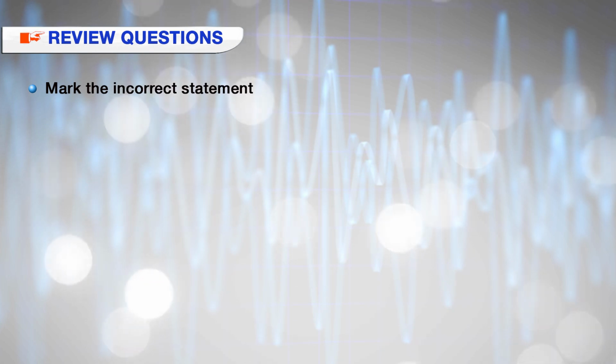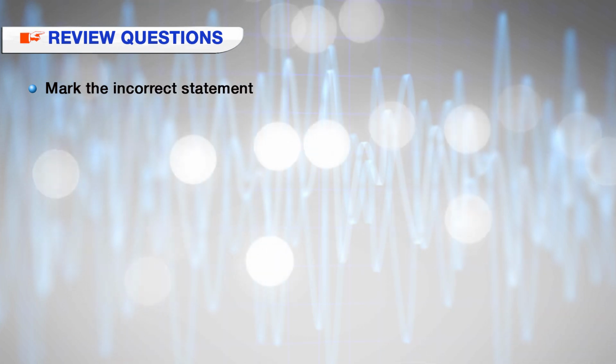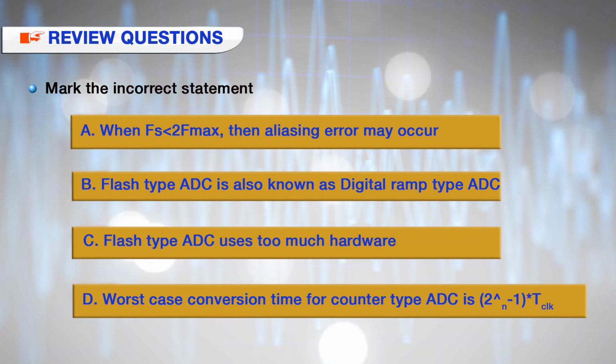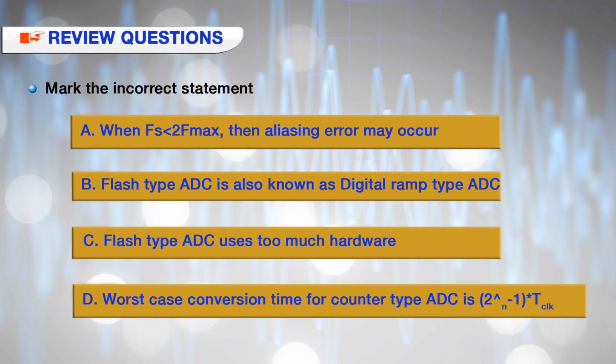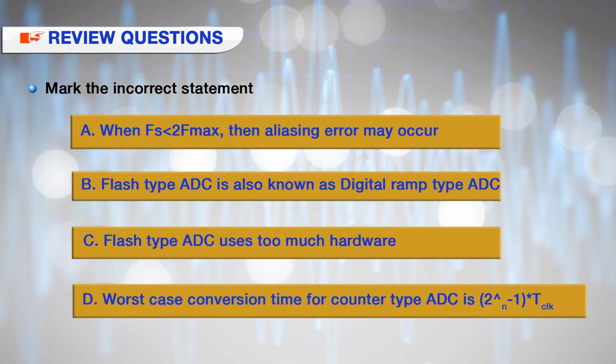And the last question here is mark the incorrect statement. Here are 4 statements. First one is when Fs is less than twice of F maximum, then aliasing error may occur. So, it is a correct statement. Fs should be greater than twice of F maximum. Second statement is flash type ADC is also known as digital ramp type ADC.